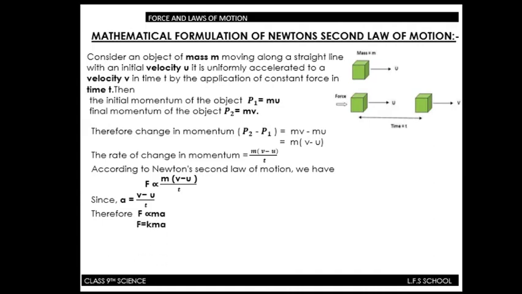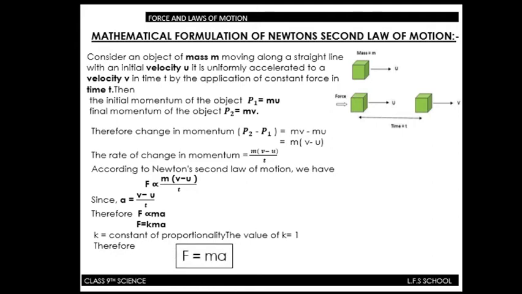Now what happens when we remove the proportionality sign? We have to take one constant, k, known as the constant of proportionality. So it will be F equals kma and its value is 1. Therefore, F equals m into a. Clear?